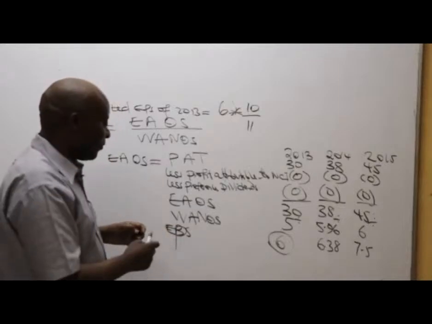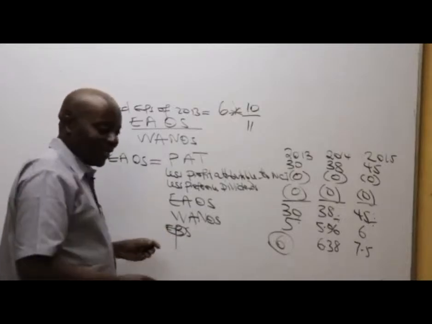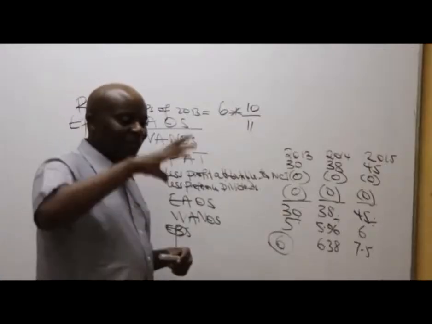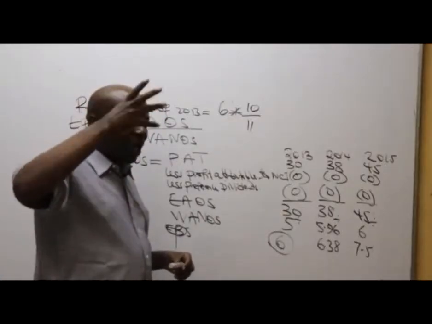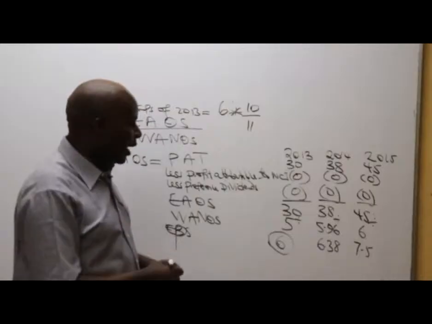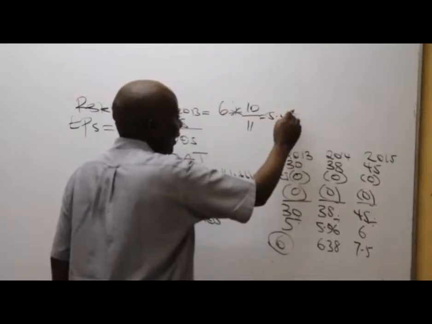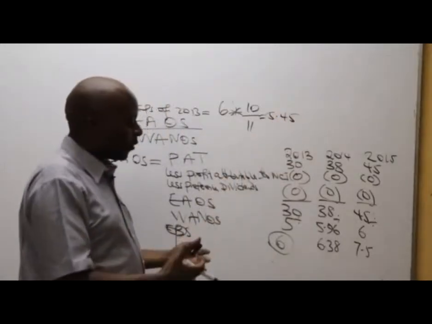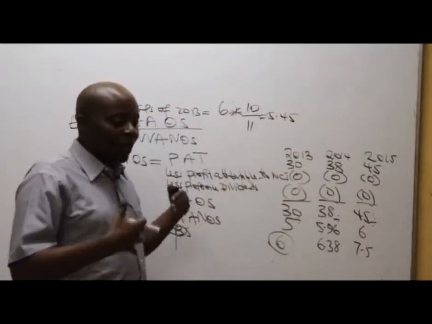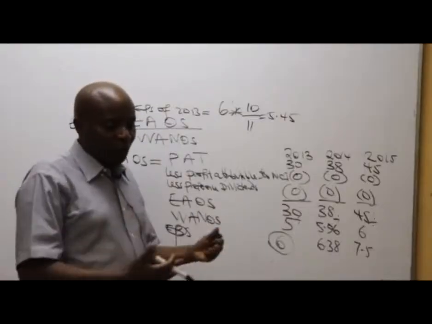So the comparative, the restated EPS. Remember the bonus fraction was 11/10. Now here we have to do the opposite. So it's 5.45. So the restated here becomes 5.45, which actually even confirms that there is a very high growth rate.